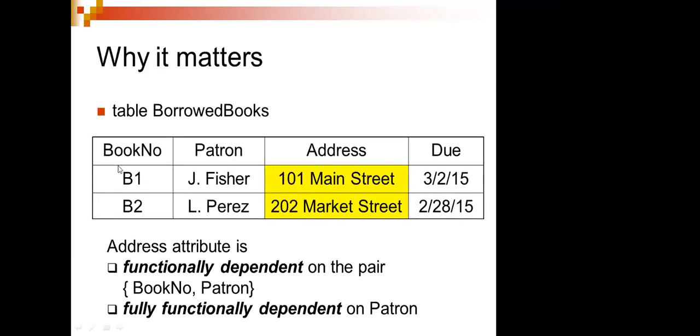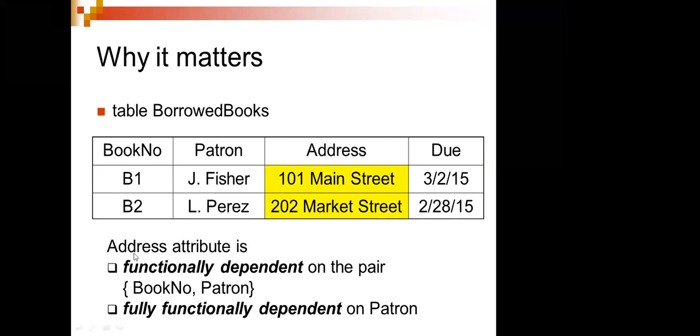So we'll see another example. In the previous example, the same books borrowed. So I have book number and a patron, then there is something called address and due date. Now we can see again what is happening here. Functional dependence means address. Somebody has taken the book, and I want to trace who the person is who has taken it. Based upon the address, I'll get the book number and the patron, so which book the person has taken and what the number of that is.